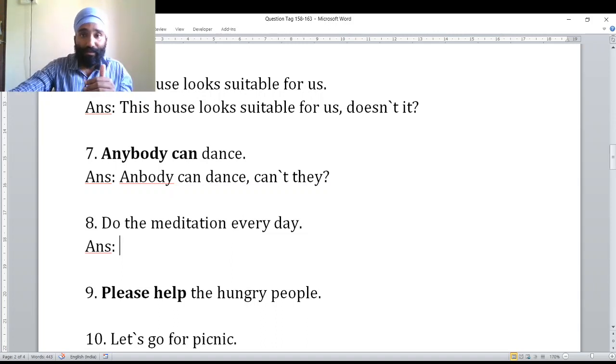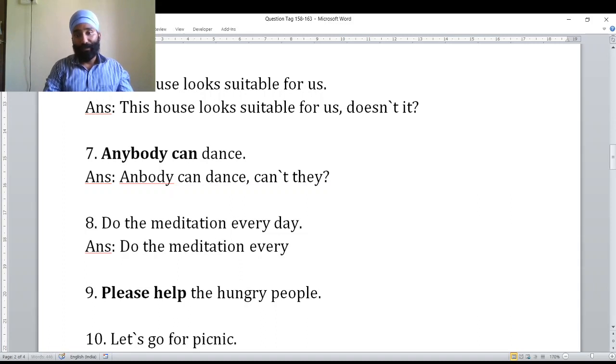So, considering you as the subject, we add the question tag. Write the sentence as it is: do the meditation every day, comma. Now always in imperative sentences we use will as the helping verb. Will you, this will be the question tag of imperative sentences.